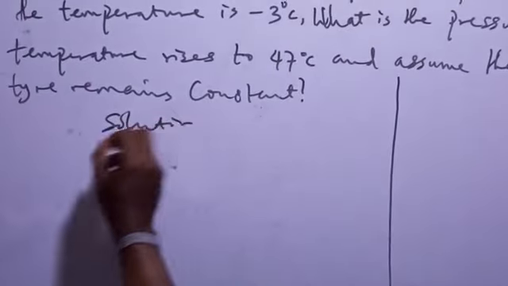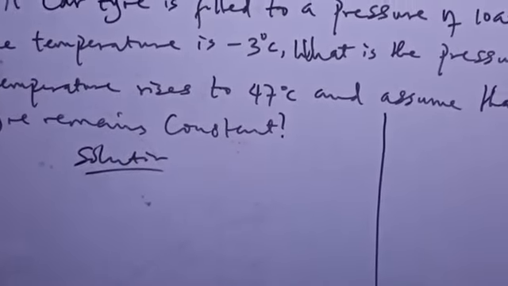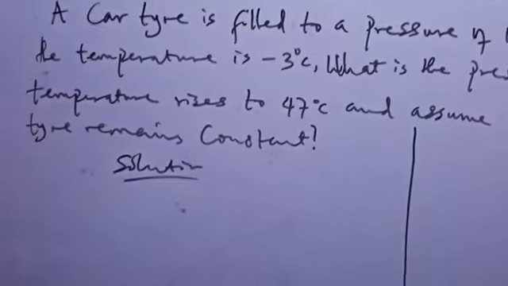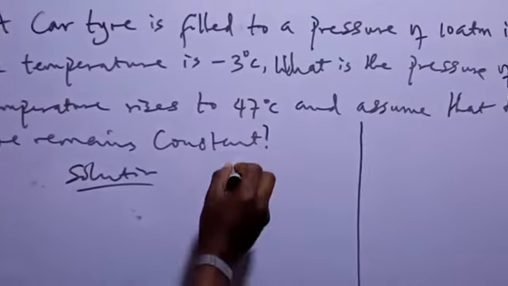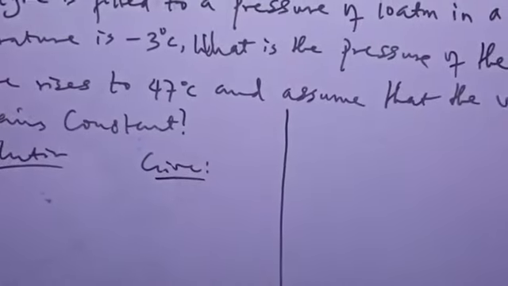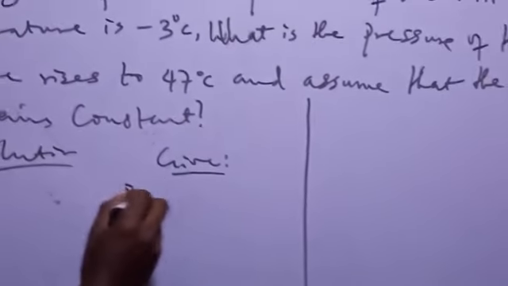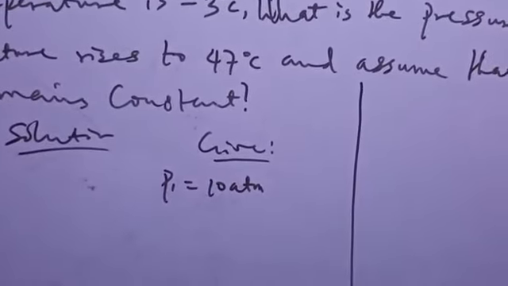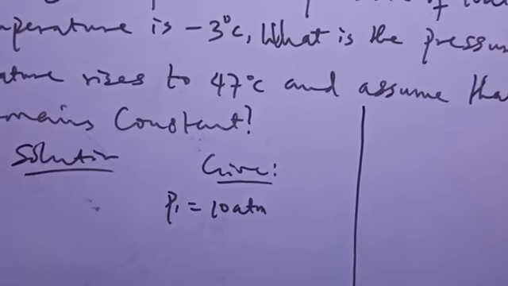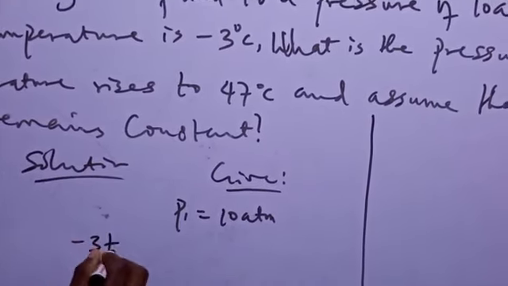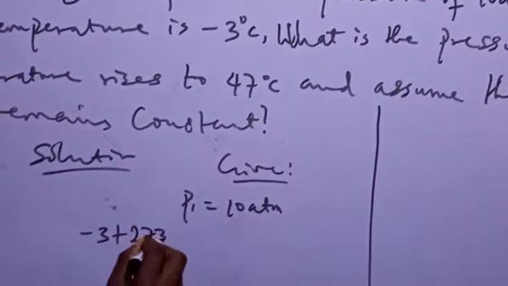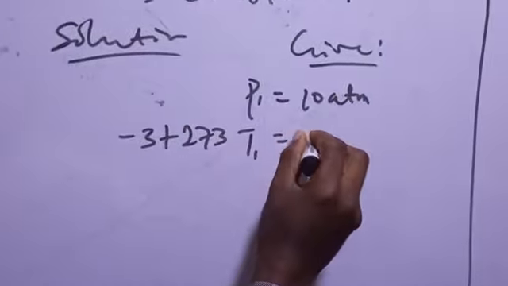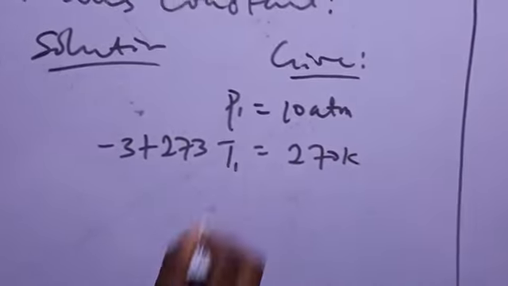Solution. I can say that this is a problem on Gay-Lussac's law. Let's see the parameters we are given. As usual, I have the first pressure P1 to be 10 atm. We have the first temperature, minus 3 plus 273, so T1 is equal to 270 Kelvin.